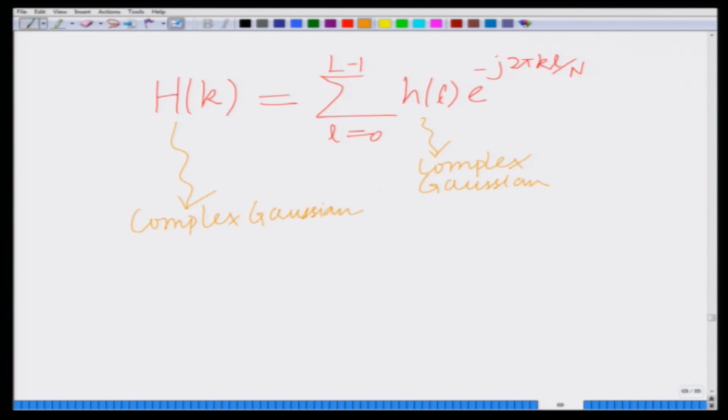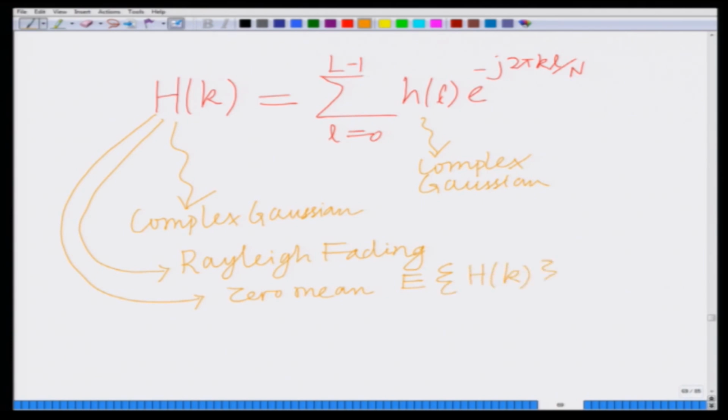The capital H k is also complex Gaussian, which means H k is also Rayleigh fading in nature. Each of the small h l has zero mean, which implies that the expected value of H of k is equal to 0.